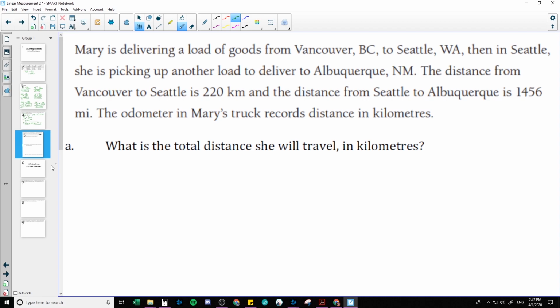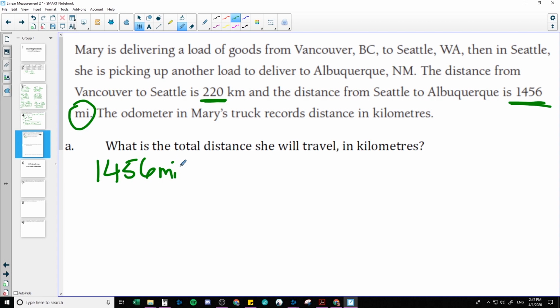The odometer in Mary's truck records distance in kilometers. So first, it's asking us what is the total distance she will travel in kilometers, which is fine because this one is in kilometers, so we can leave this one alone. The problem is that this one over here is in miles. All right, we're going to have to convert that.